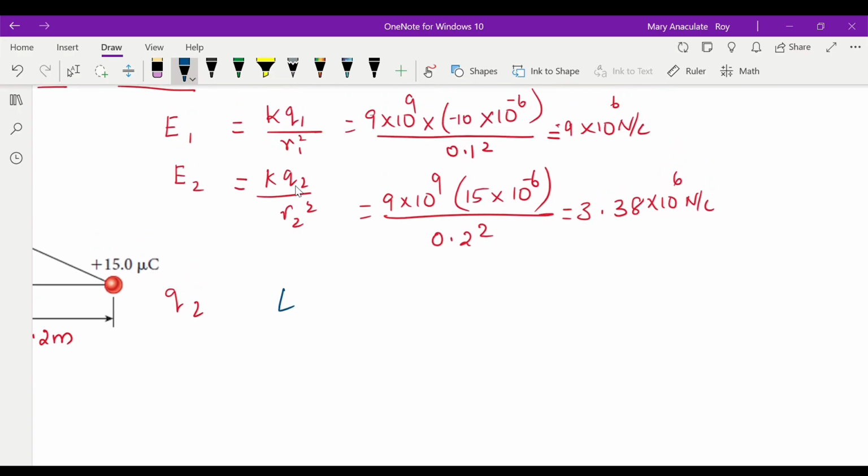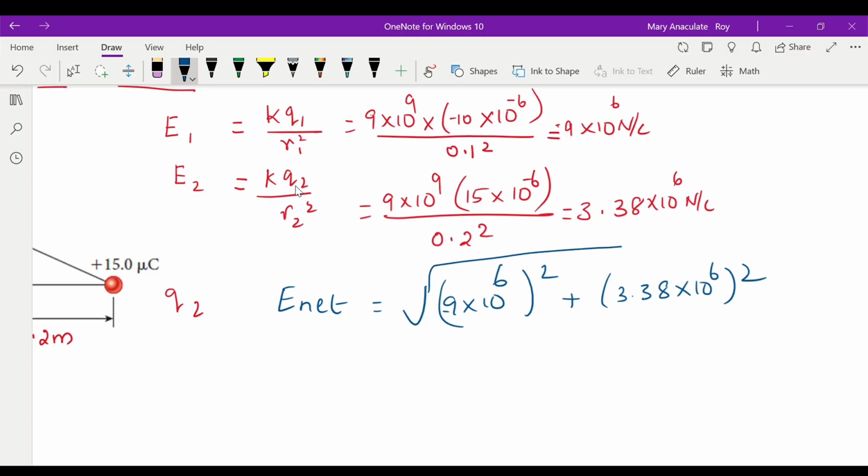E net will be equal to square root of 9 times 10 to the power of 6 square, plus 3.38 times 10 to the power of 6 square. So this should give you 9.61 times 10 to the power of 6 Newton per Coulomb. So that's the magnitude.